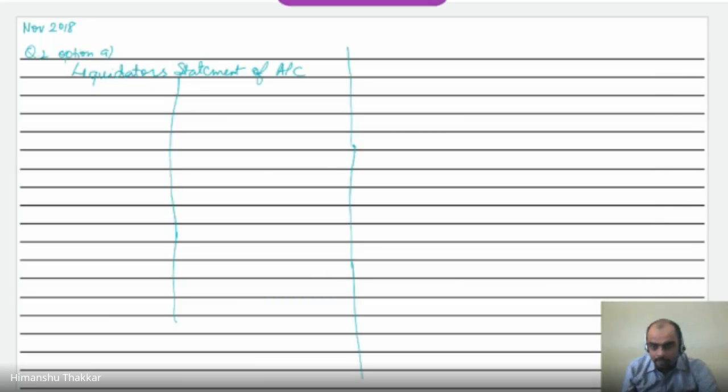Okay, so 2.5% on 1,86,000. That will give you 4,650. Then comes 2% on unsecured creditors, payment given to unsecured creditors.